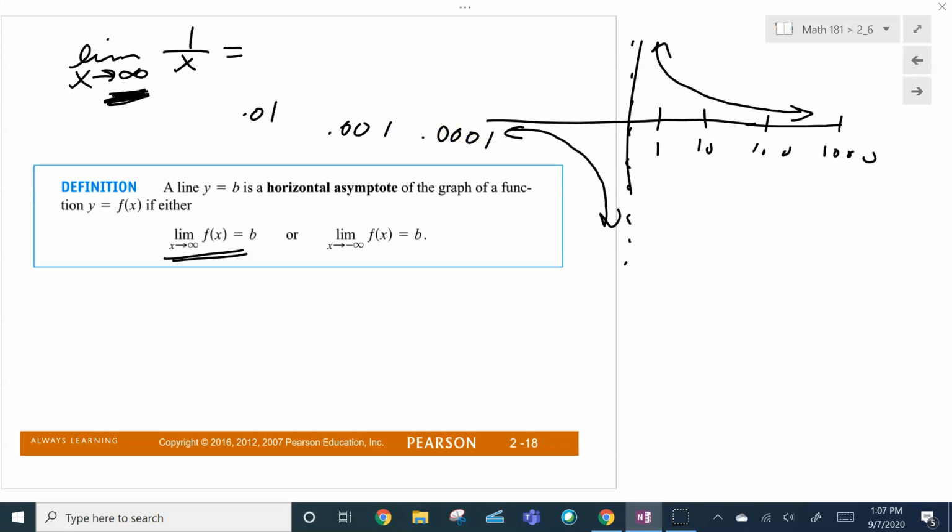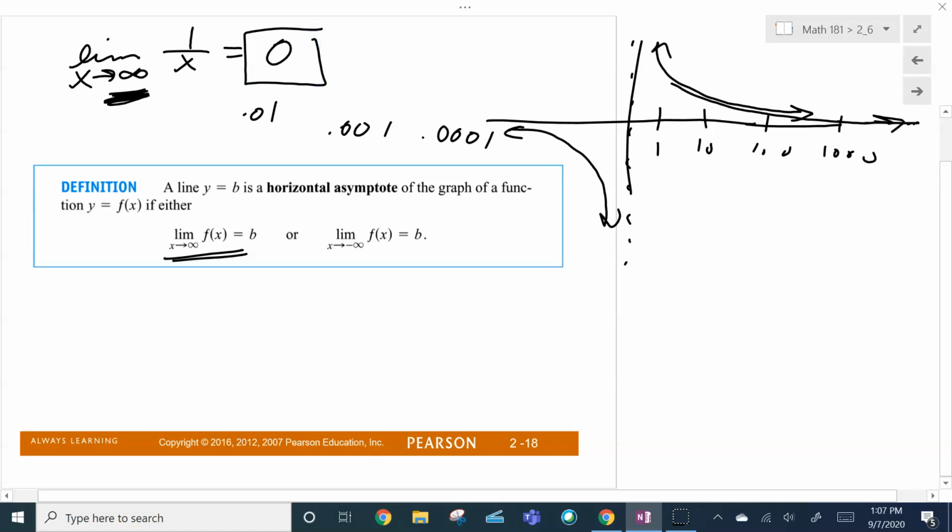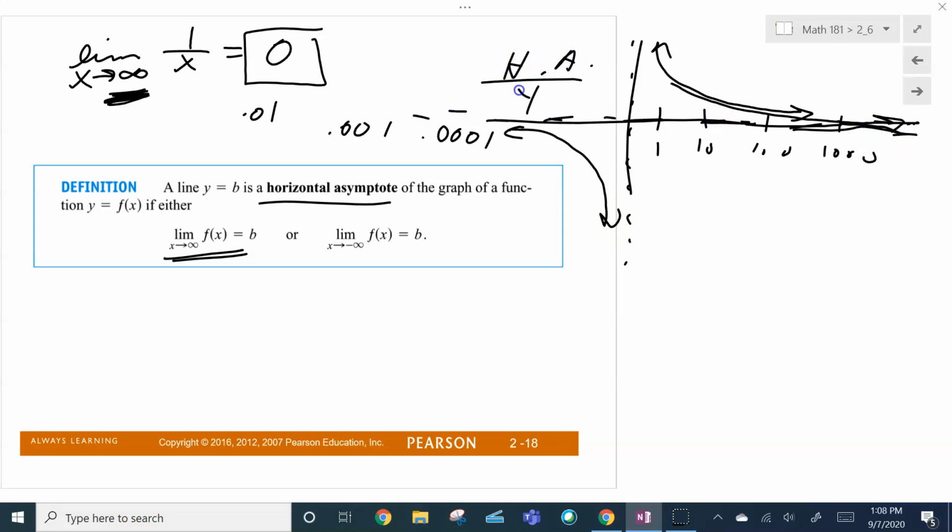What's this thing approaching? It's approaching 0, right? It's getting closer and closer. The further I go out, it's getting closer and closer and closer to a y value of 0, my limit. Well, that's the definition of a horizontal asymptote. So this thing has a horizontal asymptote at y equals 0.